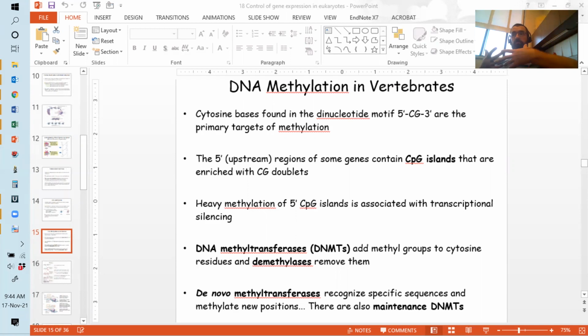Right, so the actual part of the gene where proteins bind to turn on or turn off transcription, you often find these groups of cytosines, right? These CpG islands.